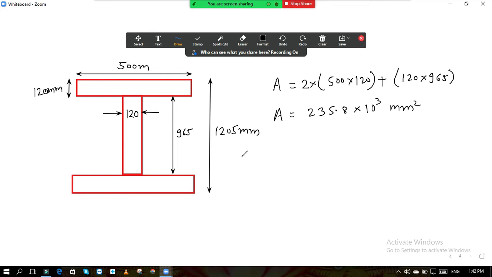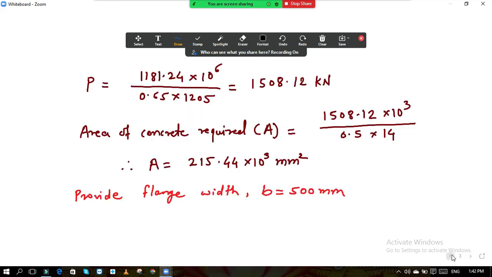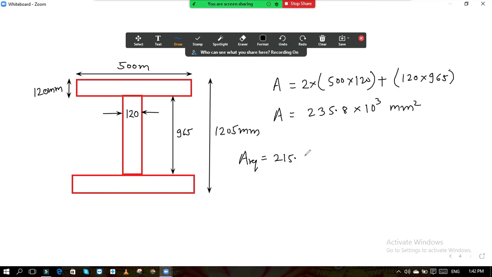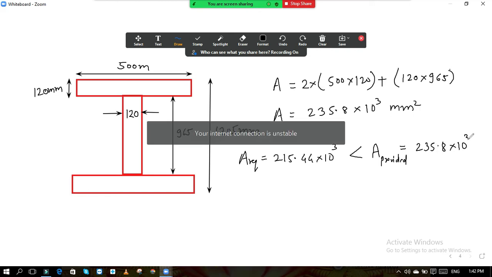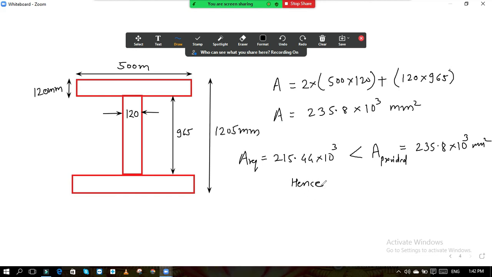So here I will write area required: it was 215.44 into 10 raised to 3, and this required area is less than the area provided, which is 235.8 into 10 raised to 3 mm square. Hence the dimensions are okay or safe.